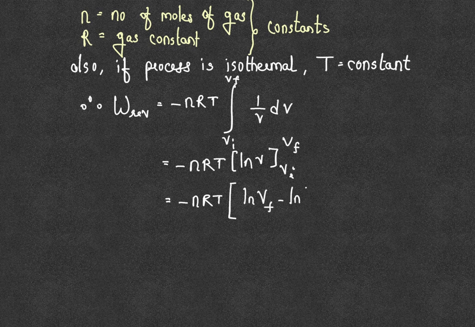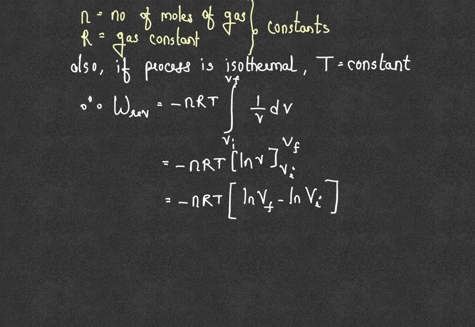minus ln VI. You know, ln A minus ln B is ln A upon B. ln is the natural log, to the base e.